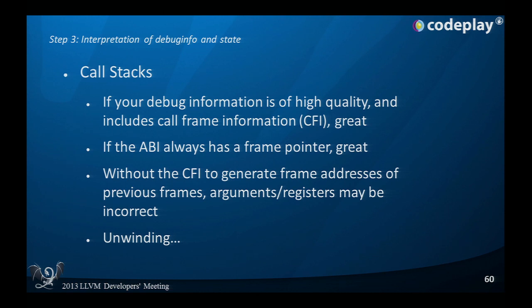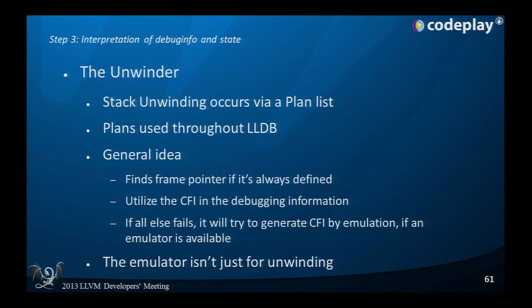Without CFI, arguments, registers, etc. may not be located, or could be wrong. And then we get to the unwinding, and this is done via plan lists. Anyone who's looked into LLDB before knows there are loads of plans, like step into plans, etc. Its general idea is: find the frame pointer if it's always defined, utilize CFI in the debugging information, and if all else fails, emulate.